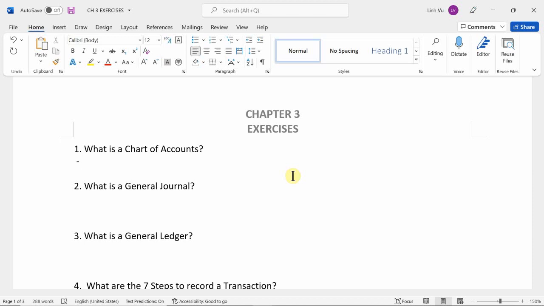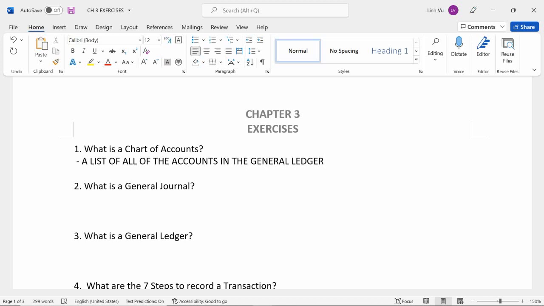It's an organized and coded list of all the individual accounts in the general ledger.